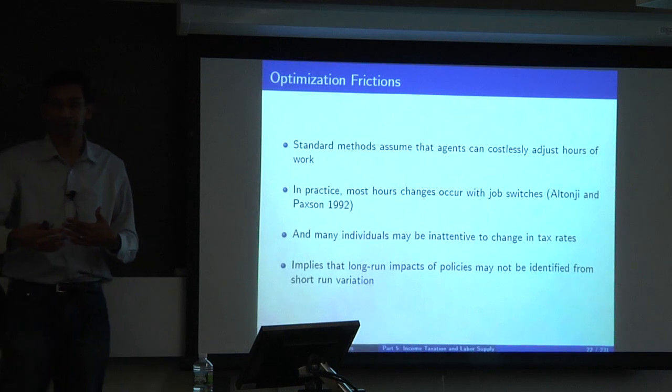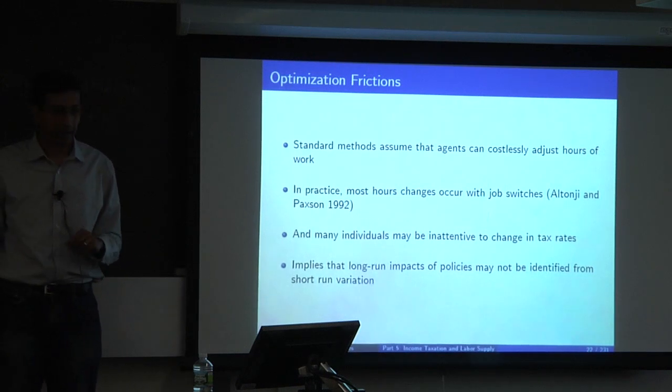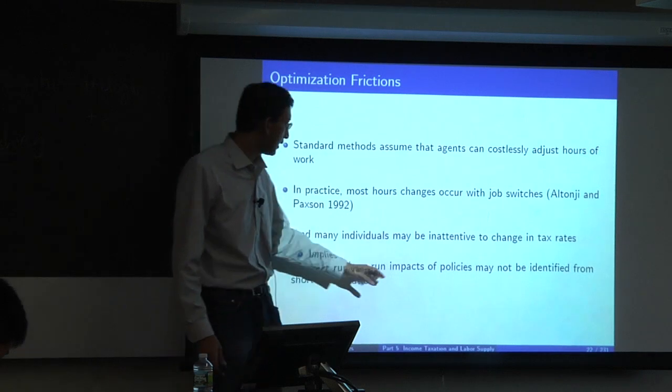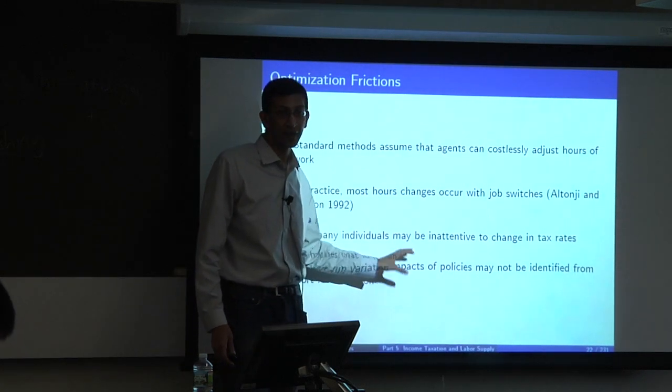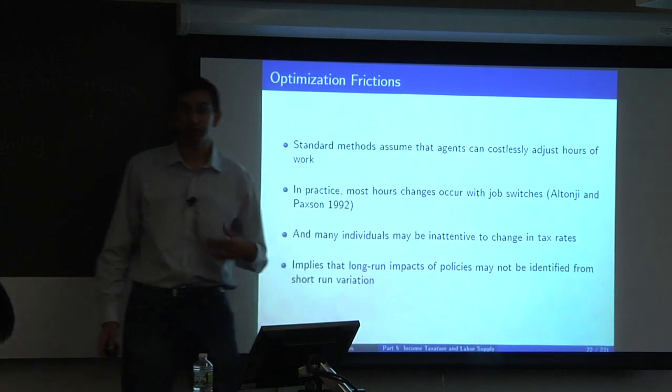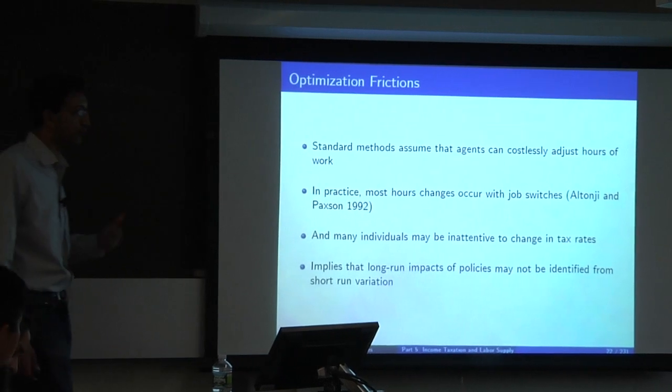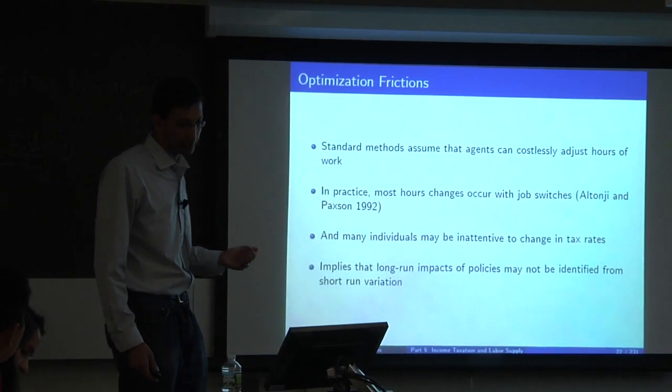We don't really care about the response within a couple of years. And intuitively, because of these types of frictions, you worry that the long-term impacts of policies might actually be much greater than the short-term impacts that you observe in the data because people don't react the year before versus the year after a reform. They don't react quickly, okay?